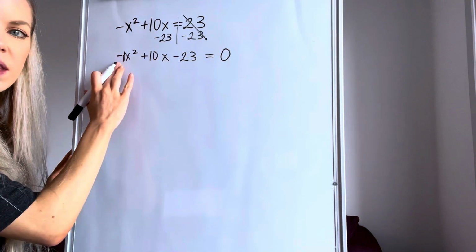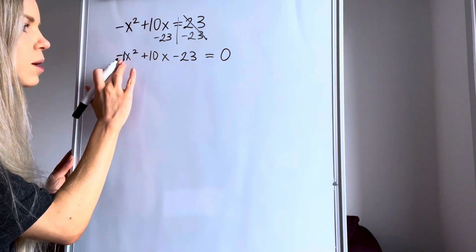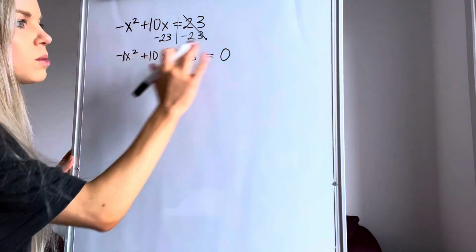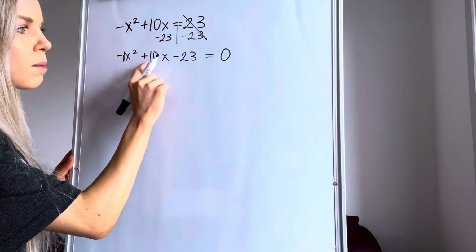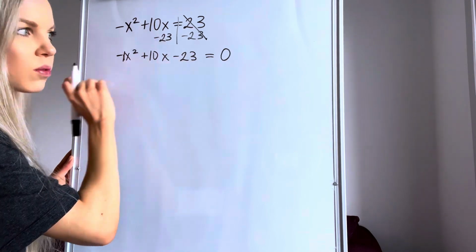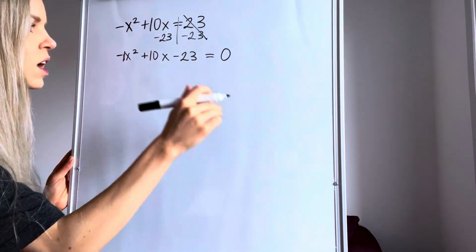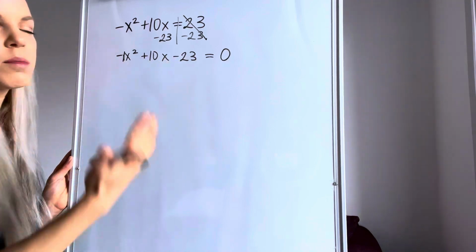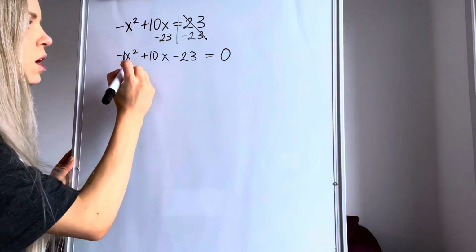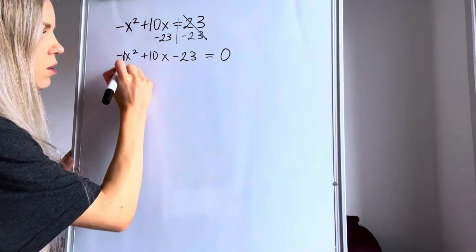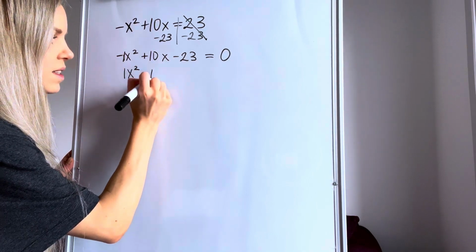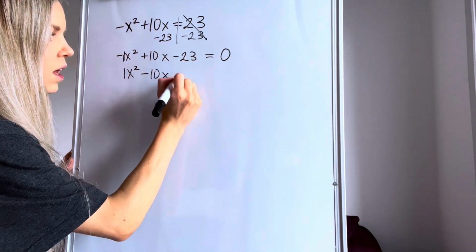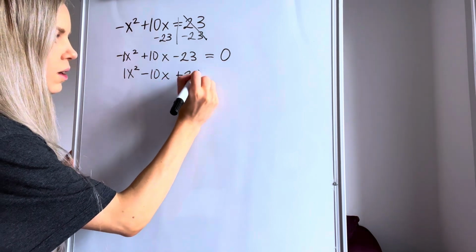And so if that's you, you would just move everything to the right side and it would be 1x squared minus 10x plus 23. Everything would change signs. So I'm going to go ahead and do that because I prefer to work with positive numbers. If I were to move everything to the other side, that would become positive 1x squared minus 10x, and then a plus 23.